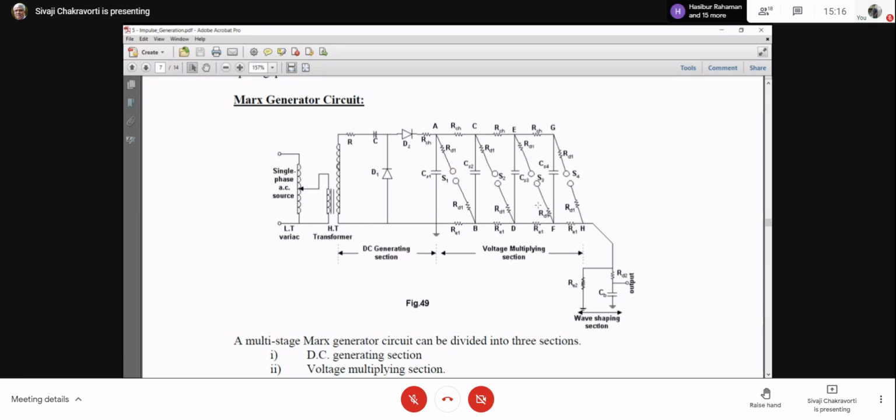At the required voltage, we will trigger the gap of S1 by some means, so that there will be a cascading effect of voltage, and at the point H we will get 4V. So now when the charging of CB takes place, it will not be at V, but with respect to 4V. Therefore at the output, we will not get 4V because of the charging of CB, we will lose some amount of voltage. So it will be slightly less than 4V.